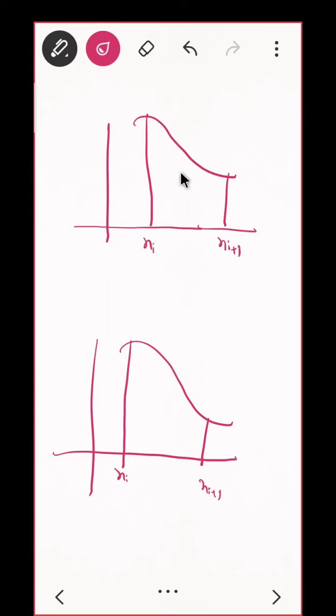Capital M means upper bound, least upper bound. What is the least upper bound of this graph? This is a decreasing function. So at xi, will this give me the capital M? Something like that. So this is what I will be having, total area. That will be my UPF. Is it clear? UPF.